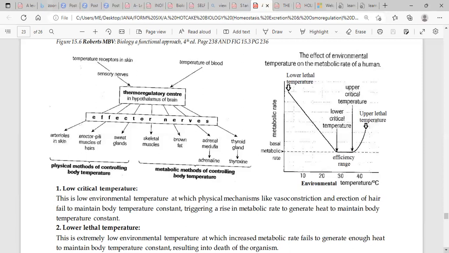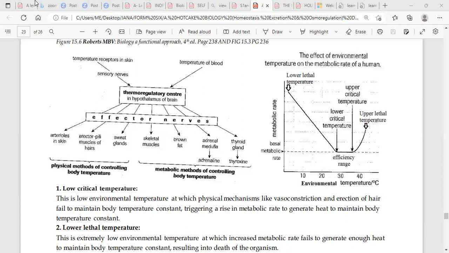The environmental temperature is decreasing, let's say from the upper critical temperature as it is coming to the lower critical temperature. And as it is decreasing, that is when we are having the physical mechanisms.